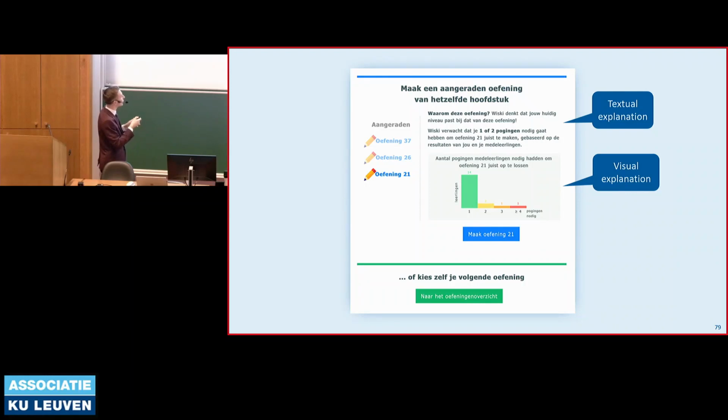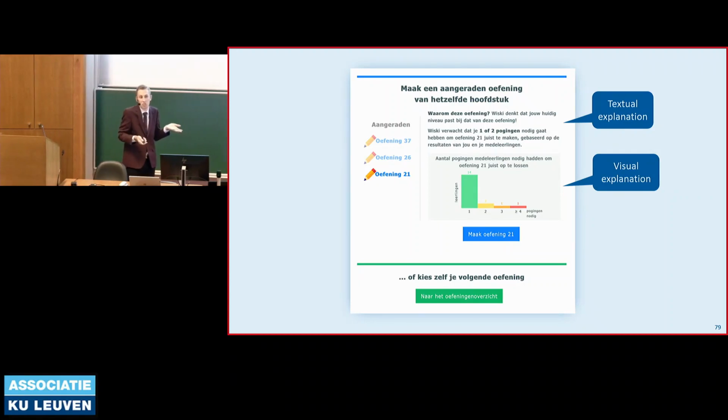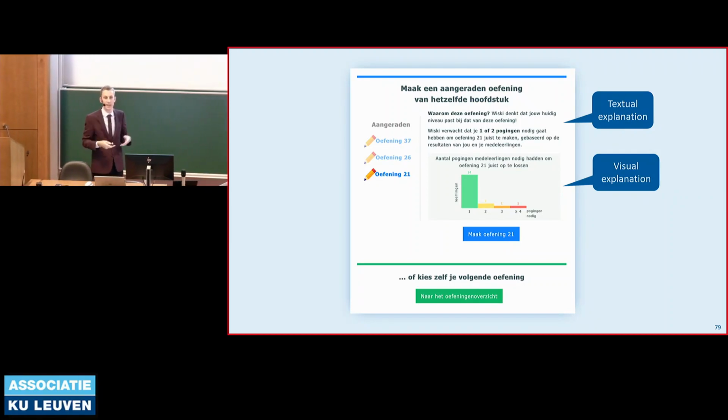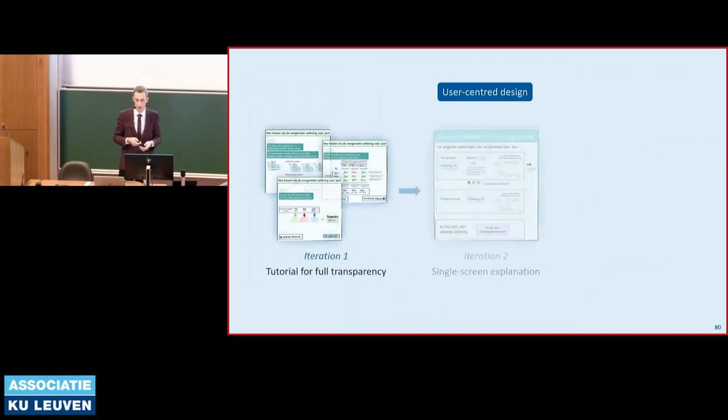There was a textual part that said, I am recommending this because it matches your mastery level, and also similar students needed X attempts. And then the second part is a visualization of those attempts. In this case, you see a bar chart, and similar students typically needed 1 attempt to solve this exercise. So that means probably it's not so hard, because with 1 guess they have it correct.